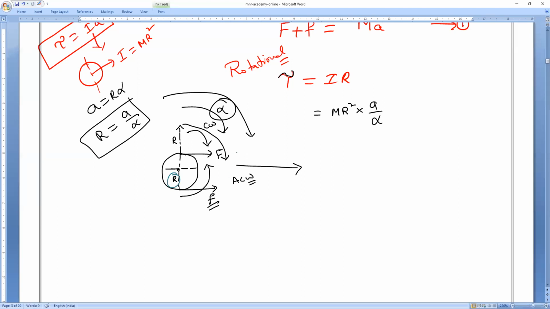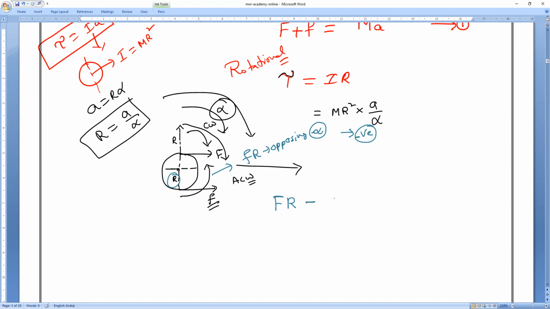So the clockwise force F into R is the torque. That is plus, actually, you can take it as plus, but the friction torque is acting opposite. This f into R is opposing alpha. So that is why it has been taken as what? Supporting means positive.